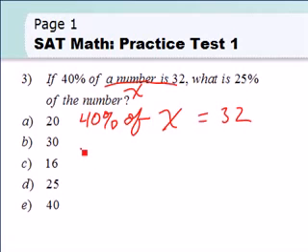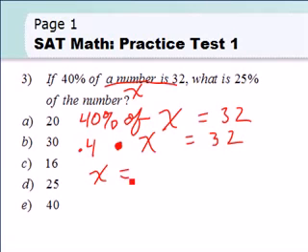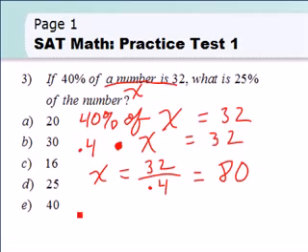Now 40% you can just write as a decimal, it's 0.4, times x is equal to 32. So now I can divide both sides by 0.4, so that means that x is equal to 32 divided by 0.4, and you can use your calculator to get that division. That's going to be equal to 80. So now I know that x is equal to 80.